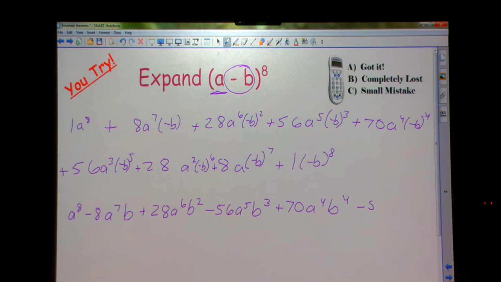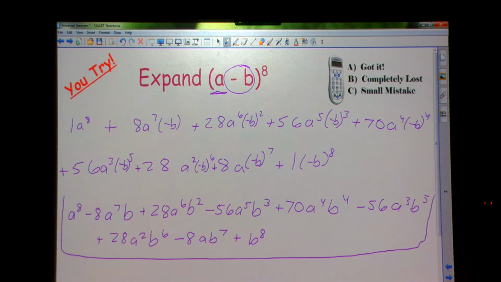Minus 56a cubed b to the 5th. Plus 28a squared b to the 6th. Minus 8ab to the 7th. Plus b to the 8th. There we go. And please circle answers so I can find them.